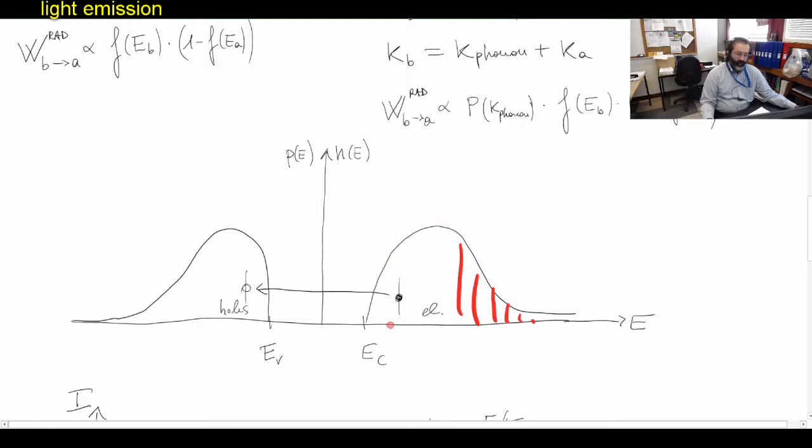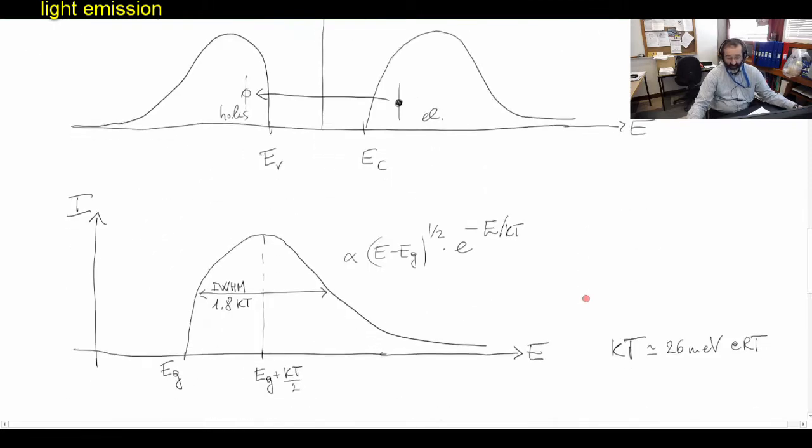So you probably are already guessing that where I'm going is that the emission spectrum of a semiconductor is effectively related to this shape, and actually is exactly the same.